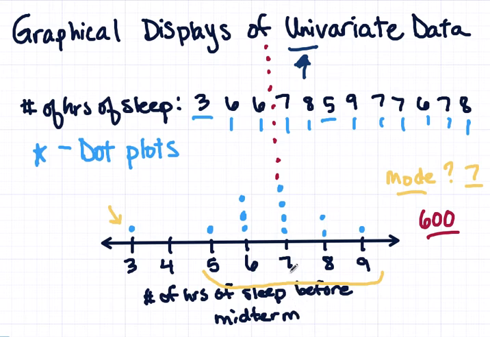I'm not going to sit here and count hundreds of data points above the 6 or above the 7. That's not an efficient use of our time. So yes, the dot plot has some great advantages. However, it does have some disadvantages as well.